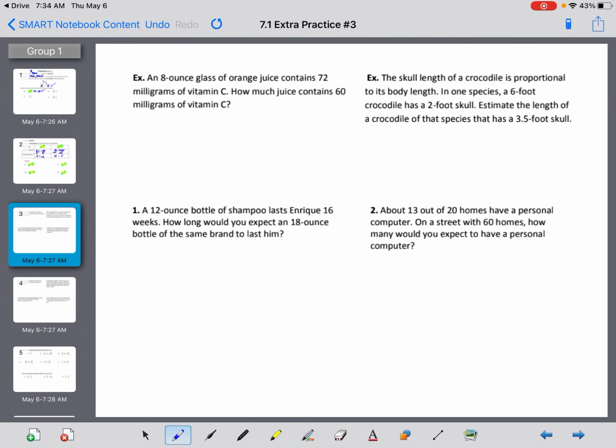It says an 8-ounce glass of orange juice contains 72 milligrams of vitamin C. So 8 ounces has 72 milligrams of vitamin C. How much juice contains 60 milligrams? So if milligrams is on the bottom on the left ratio, it needs to be on the bottom on the right. And we are trying to solve for ounces, okay?